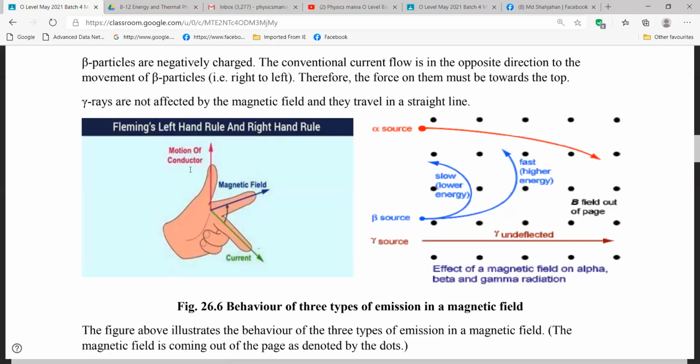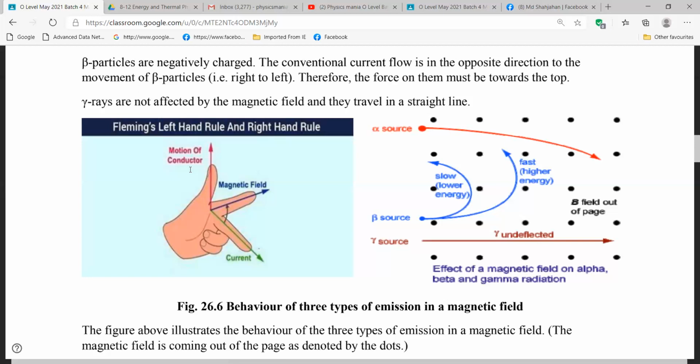Yes, sir. So your current should be left side, and magnetic field towards you.